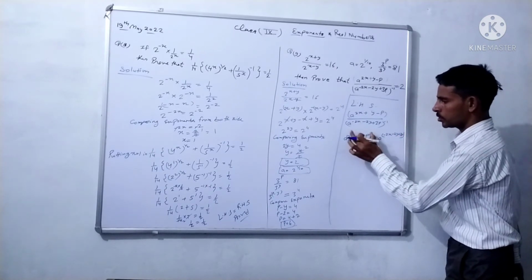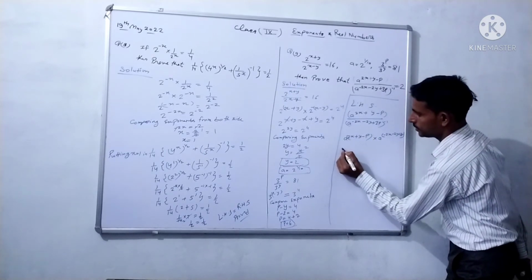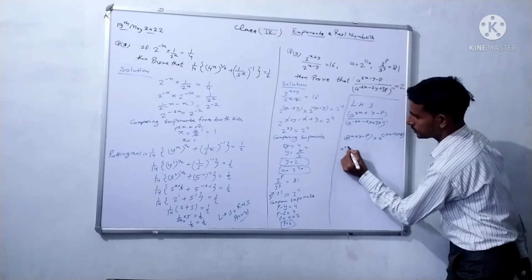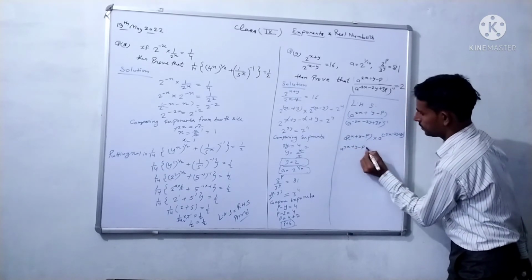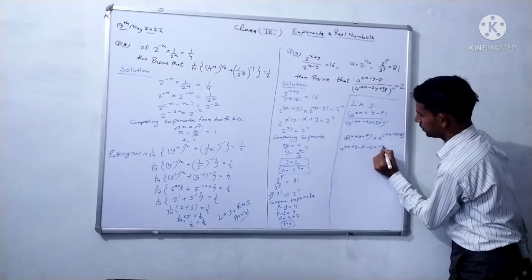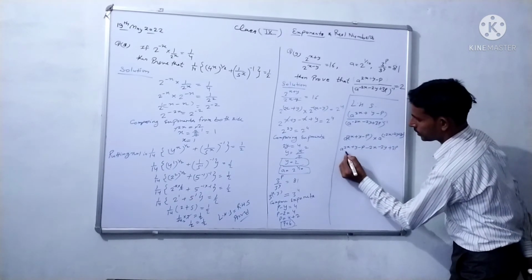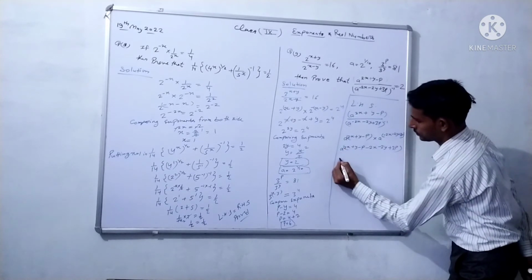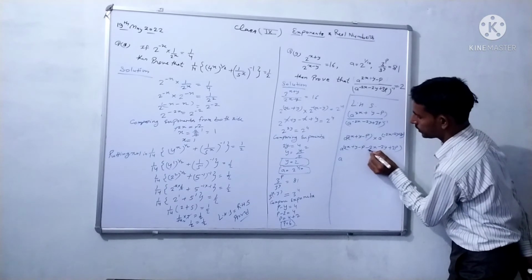Here both of these values have the same base, so we can add the exponents. We can write a^((2x+y-p)+(-2x-2y+3p)). So here 2x is positive and here 2x is negative, so we can cut.